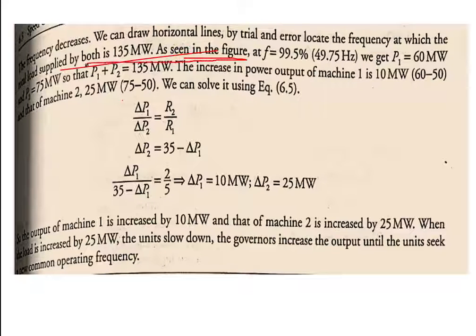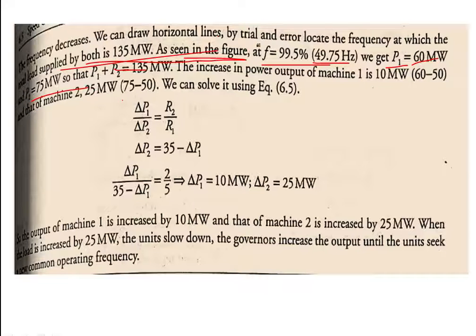Based on the reference line, you have to plot the horizontal line. The frequency is 99.5%, because here I have to consider the 5% decreasing droop. That is nothing but we will get 99.5. So the frequency is 49.75. Then we get P1 as 60 megawatt and P2 as 75 megawatt. So 99.5% of 135 gives 60 megawatt, and P2 is 75.